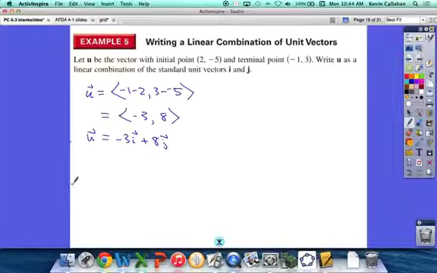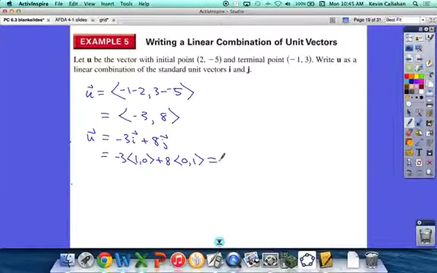I mean, again, what is the vector form of i? The component form of the vector i? It's 1, 0, right? And the j is 0, 1. So if I just substitute in for those two, this is what it looks like. -3 times 1, 0 plus 8 times 0, 1.